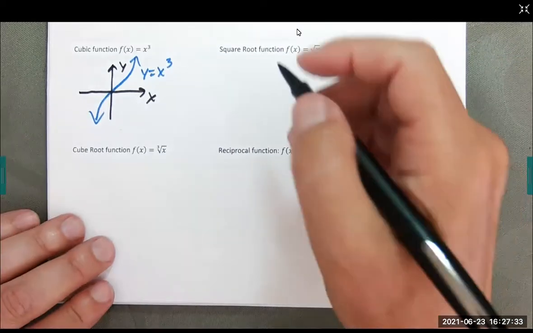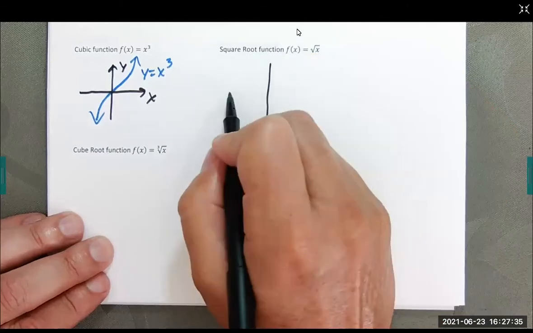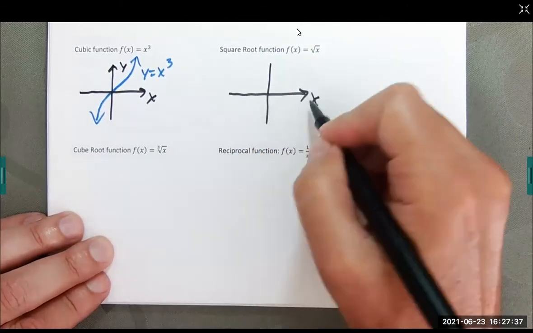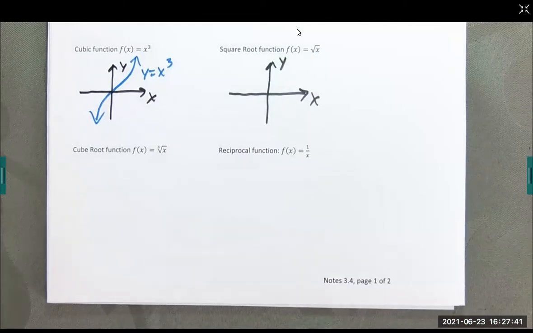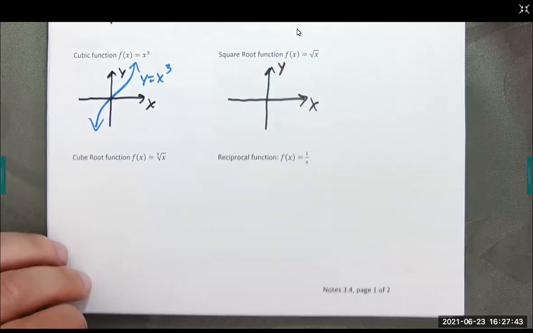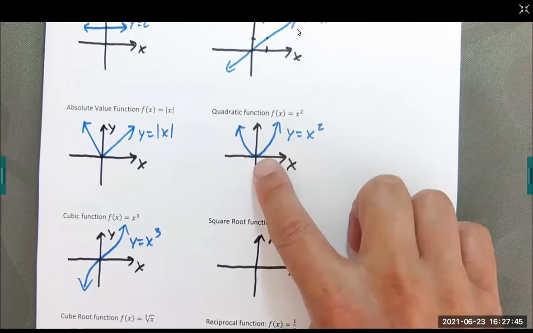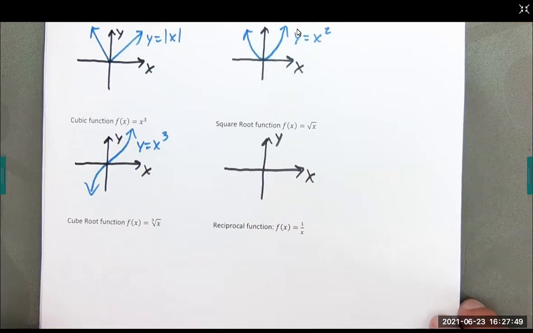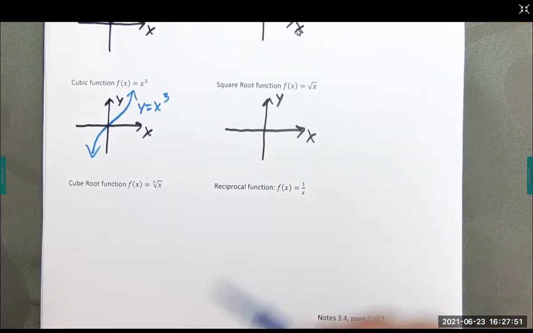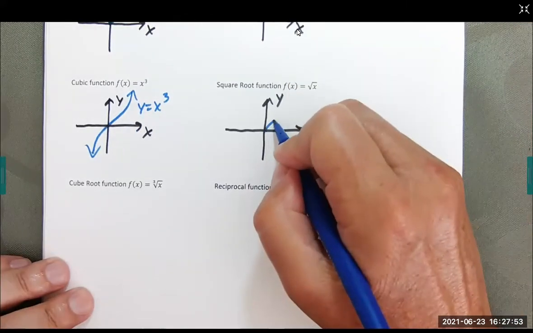Square root function. Looks like this. It's actually this parabola, but it's now sideways, and we're only getting the top half. So it's a sideways parabola.